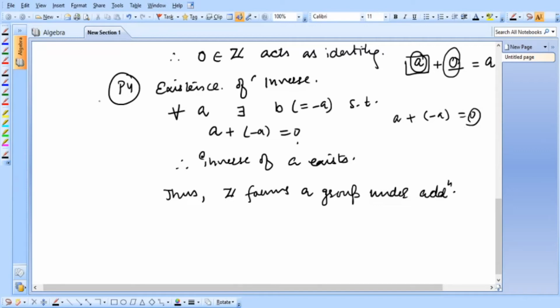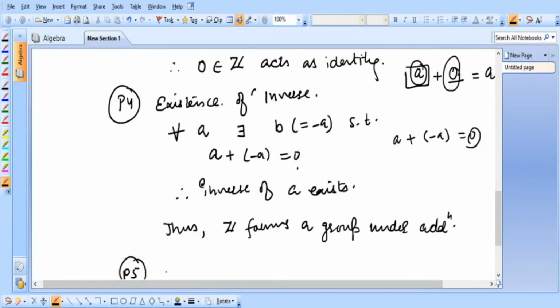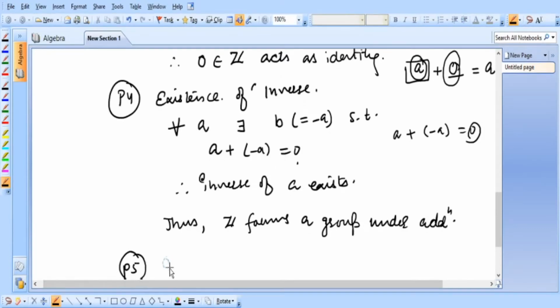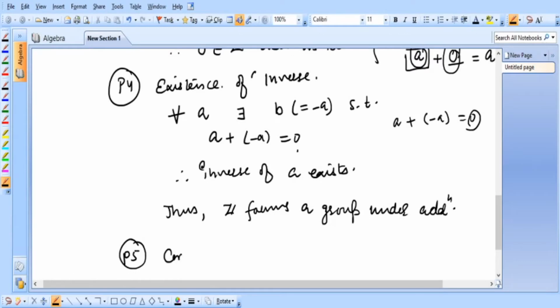Problem number 2. One more thing I would like to tell you. This group is also an abelian group because it also satisfies the fifth property, that is the commutative property, right?